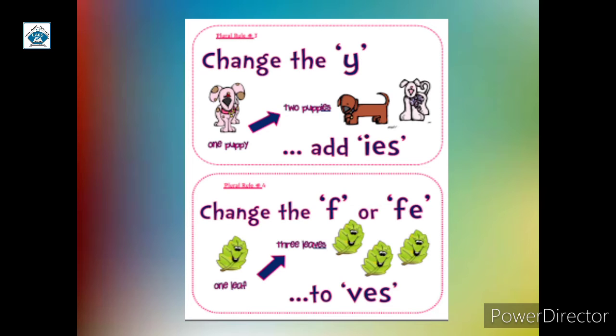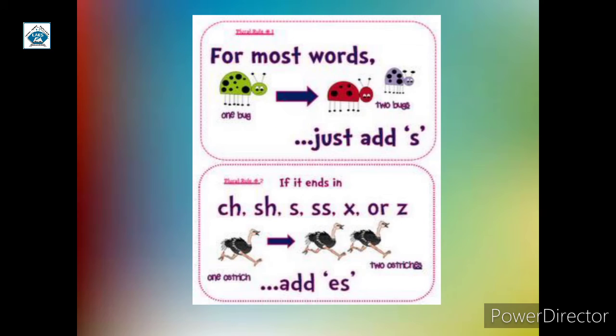Rule number 3. When you see any word which ends with an alphabet Y, just add IES. For example, puppy, puppies. Here note that you have to replace the Y and add IES. In the previous rules, we haven't replaced any letter, we just add S or ES.